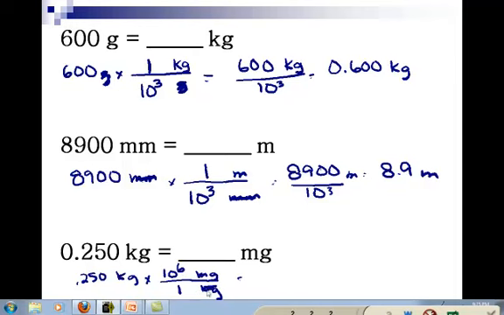So my kilograms cancel out, and I have 0.250 times 10 to the 6th. Can I leave it like this? Because can I actually keep my 0.250? No. I have to make this between 1 and 10. So it becomes 2.5 times 10 to the 5th. I hope you got that, and we'll be working on these in class.